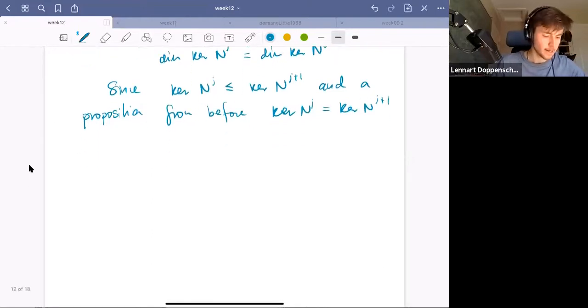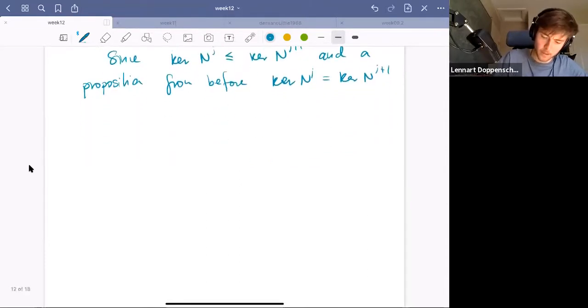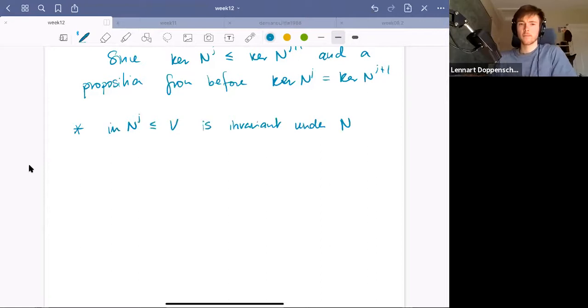So now I claim, there's a few things we need to check. First, the image of n to the j inside V is invariant under n. This is nothing complicated.